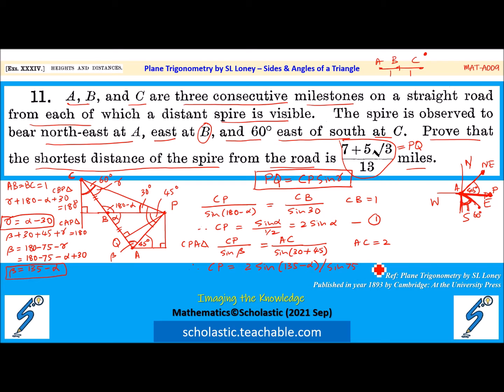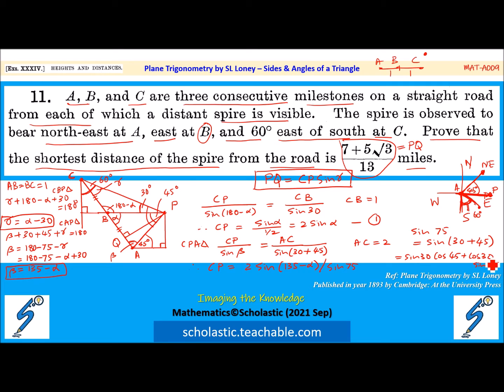Now we have something with alpha as well as sine 75. Sine 75 can be found. Sine 75 is equal to sine of 30 plus 45, which is equal to sine 30 cos 45 plus cos 30 sine 45.